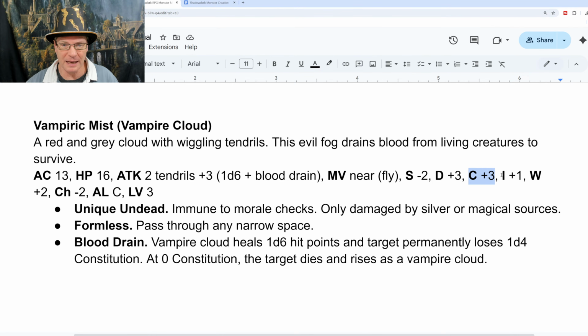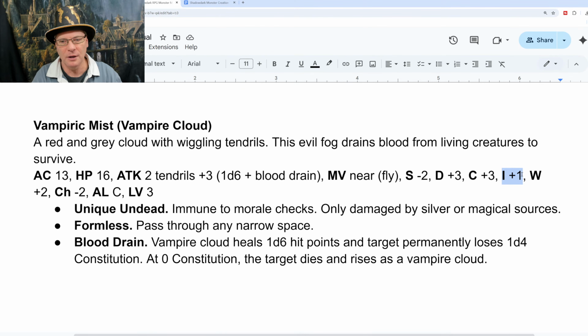Intelligence, now they had the intelligence of this creature as being quite low, at a 6, which is -2. I wasn't sold on that idea, so I have bumped it up. I don't think that the Vampiric Mist is an incredibly intelligent vampire-like creature, but I felt like that was too far of a departure from the original.